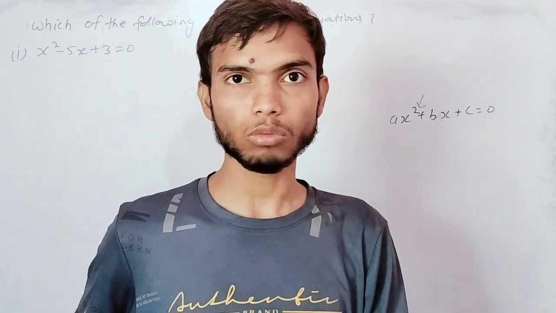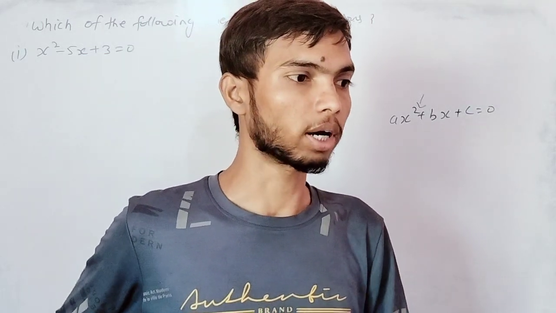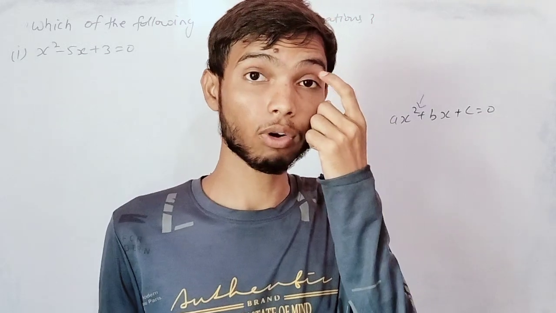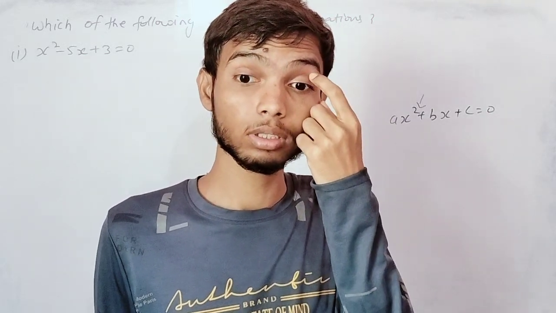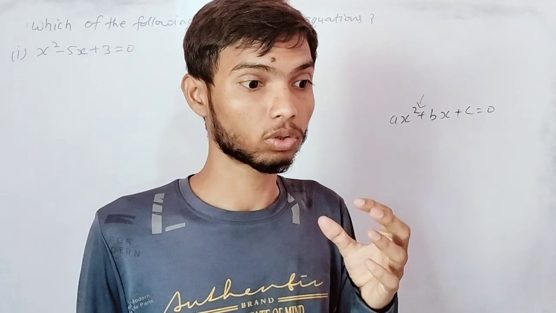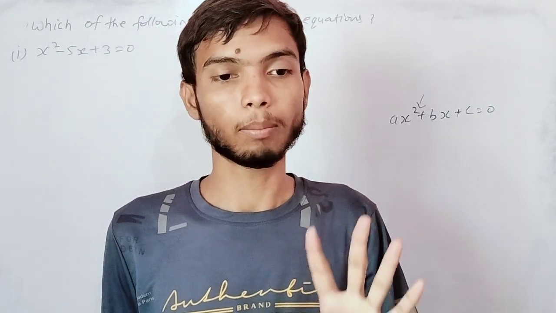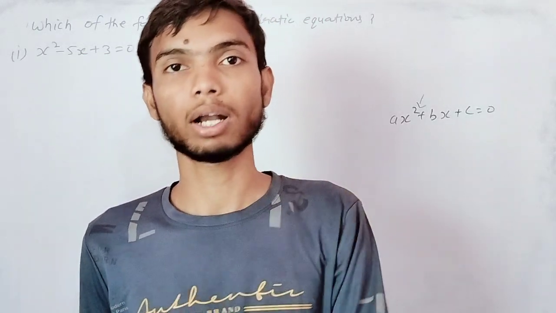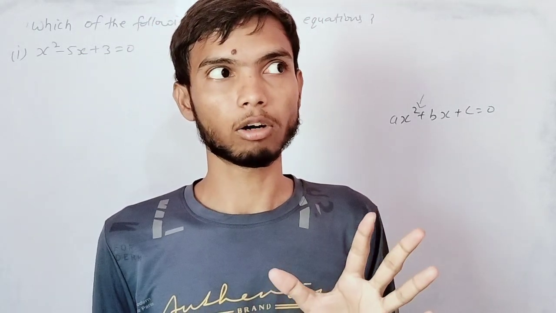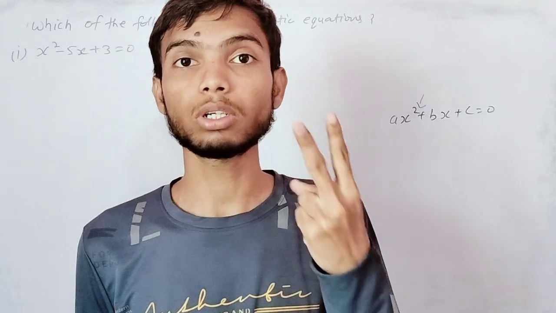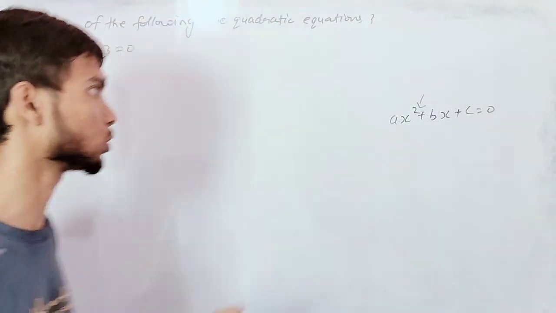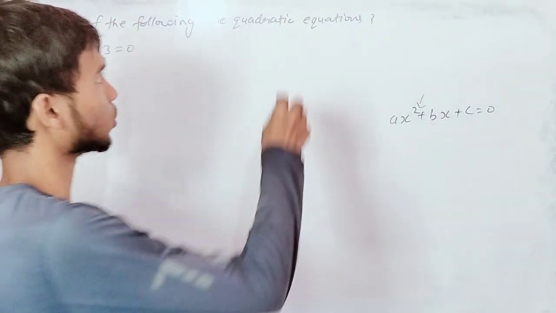Now what else? In the case of a quadratic equation, the exponent should be a whole number, but the exponent of the variable should be 2.